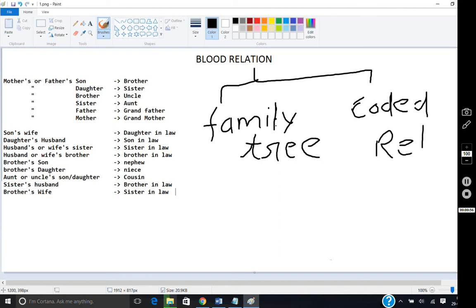You can also solve the question without a family tree, but if there is a puzzle, then it is very difficult to solve the question without a family tree. If the question is related to family tree, then there will be only 1 to 2 questions in your exam. And if questions are based on coded relationship, then there will be 3 to 5 questions.